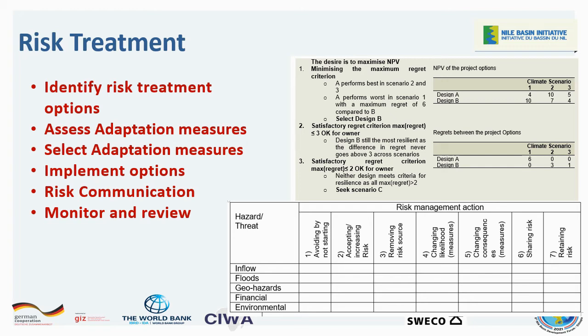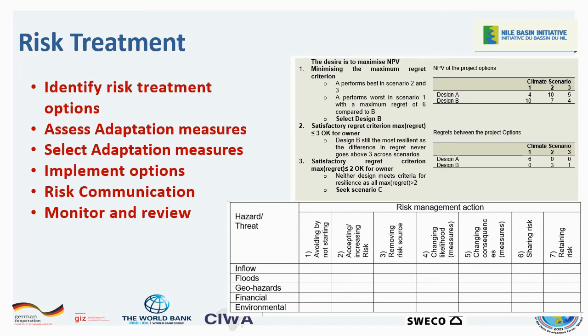You can decide to avoid the risk by just not doing anything. You can accept the risk, and in some cases also increase the risk. You can remove the risk source, or you might change the likelihood of the risk by creating some intervention measures.